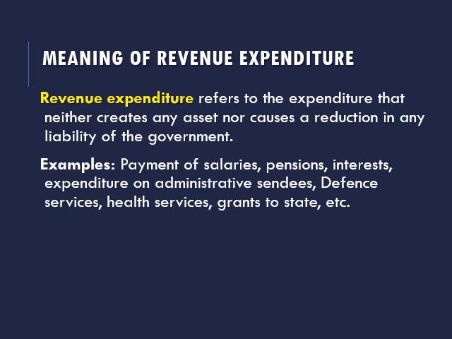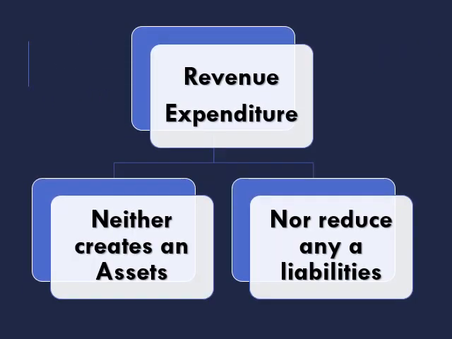But this will not reduce any liability nor create any assets. This is how it works. Revenue expenditure neither creates any assets nor reduces any liability for the nation. It's called revenue expenditures.